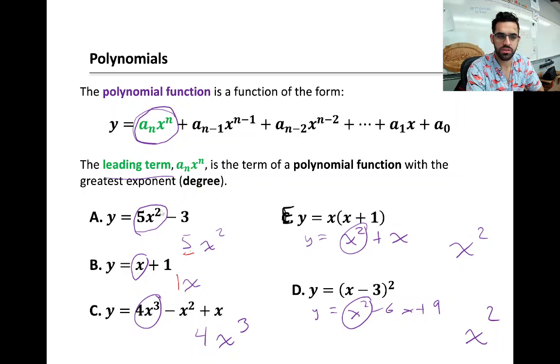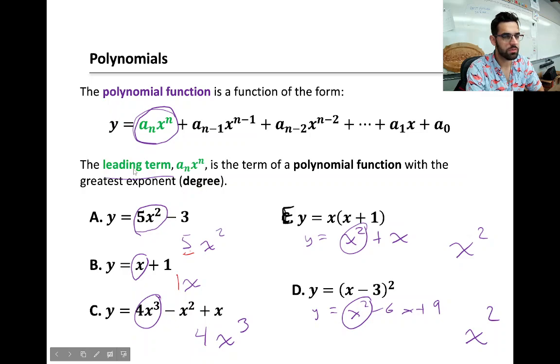So example A, there's 2 terms. x squared is the greatest exponent, so 5x squared is the leading term here. Example B, x or 1x is the leading term. Example C, the degree is 3, so 4x to the power of 3 is the leading term. Examples E and D, we have to multiply out, and we find that x squared is our leading term.